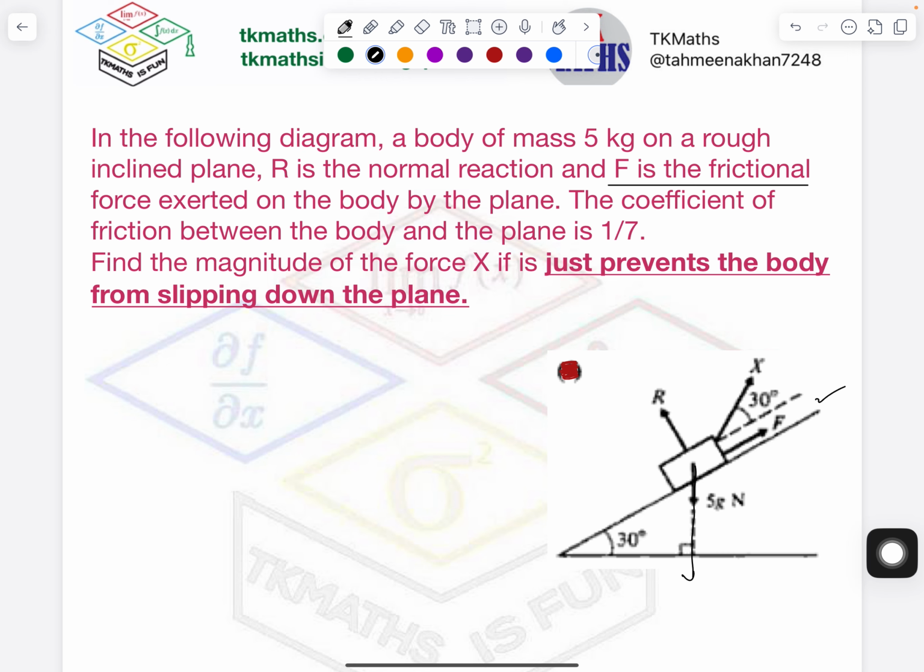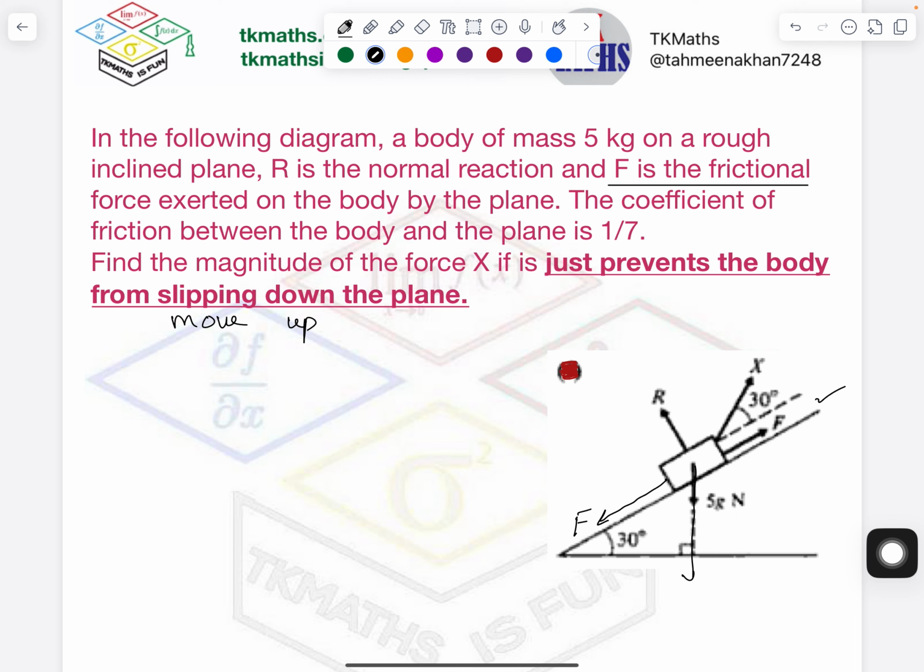Whereas if it was written here that it is about to move up, I'm just changing here, if the question was that the force prevents the body from moving up, at that extent, then my frictional force will be in this direction. This is very important when you are putting forces in the diagram. Mostly in the exam it is not given to you.